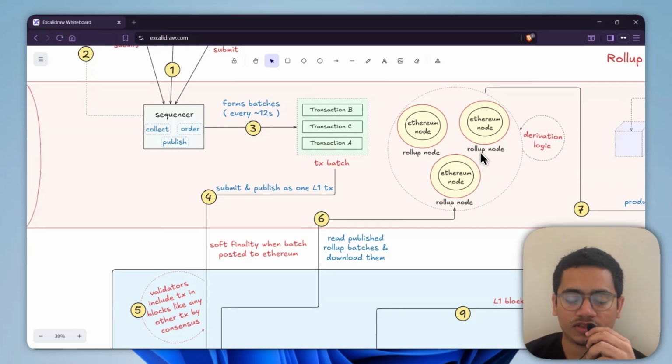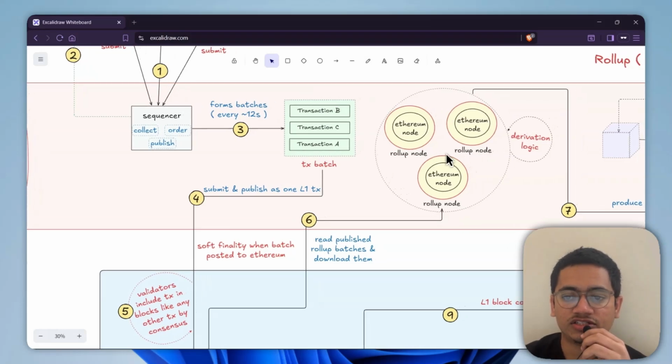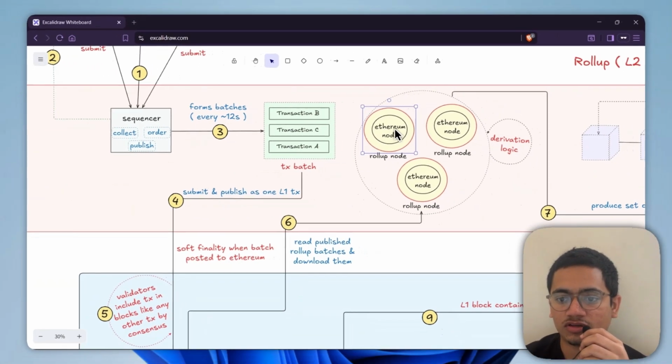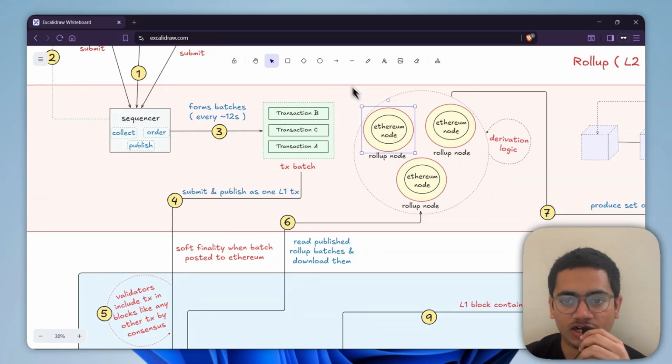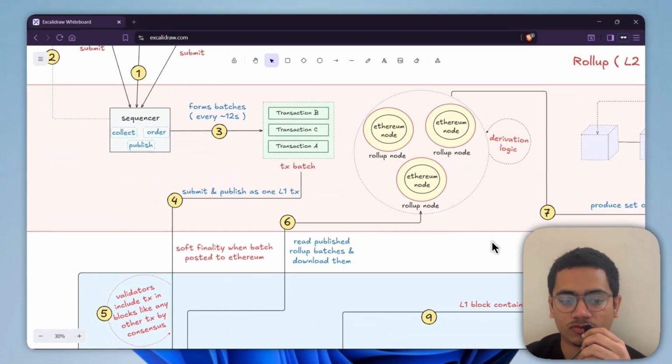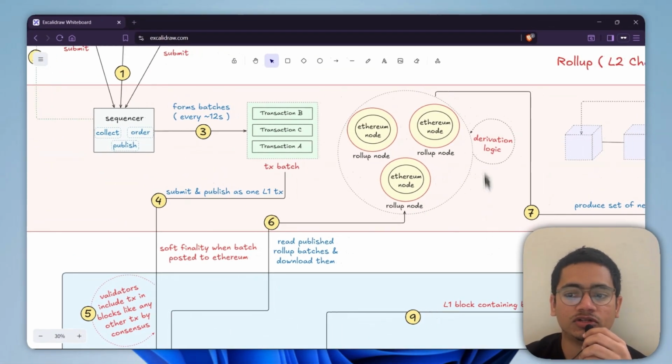Why do they do that? They do that to reconstruct the L2 chain history and see what actually happened on L2. This is done because they don't trust the sequencer. So they rebuild the L2 chain from the data they downloaded from Ethereum L1 through the derivation logic.